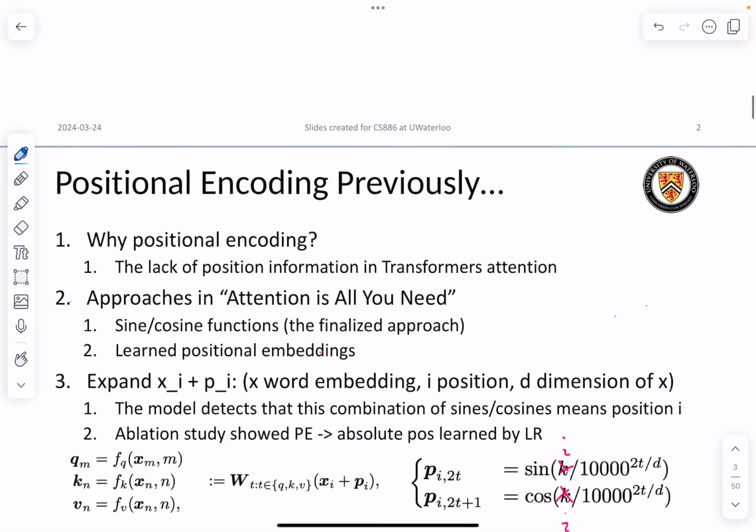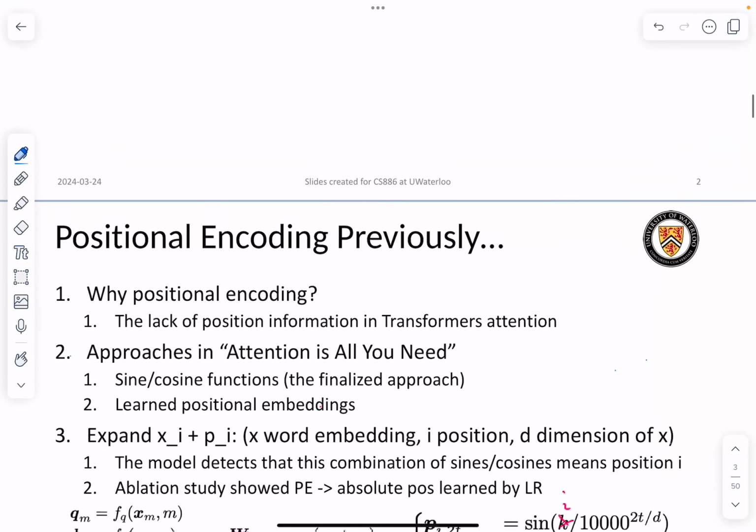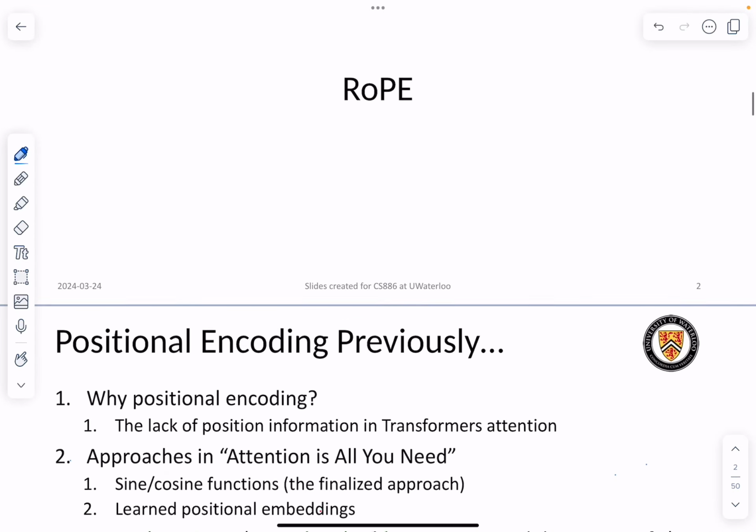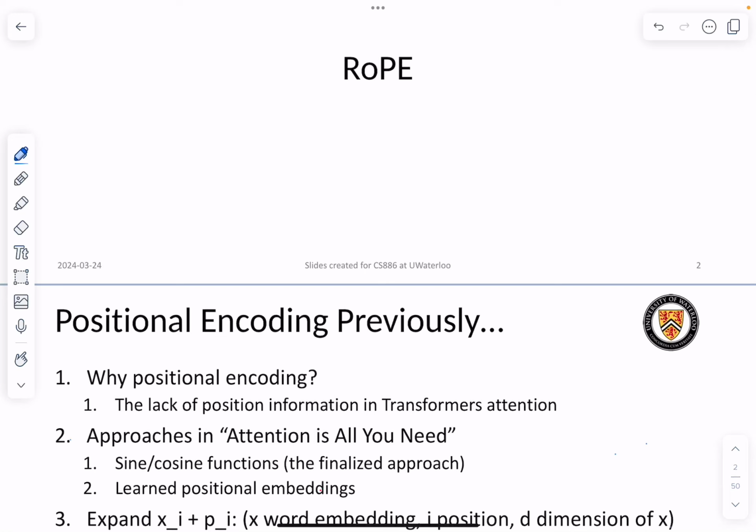So before we talk about the first mechanism, RoPE, let me talk about why we need positional encoding. Suppose you're feeding a sentence into transformers, and you have a lot of words, in particular W1 to, let's say, WN.